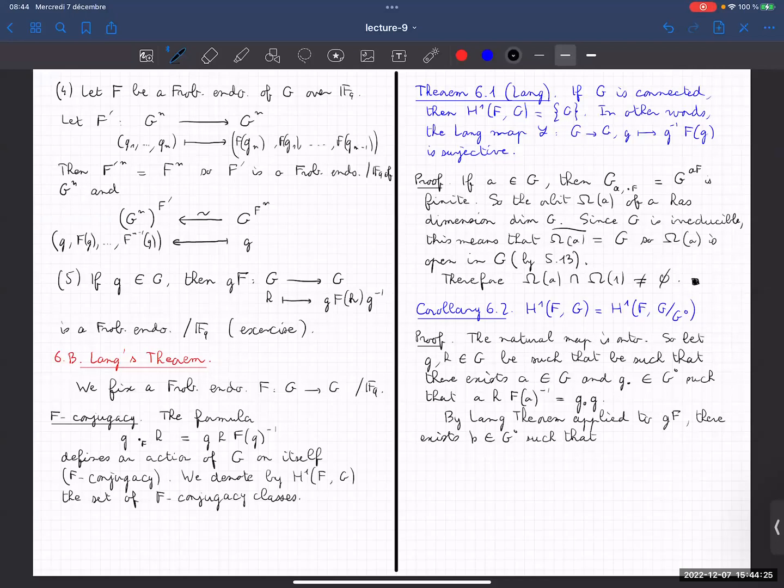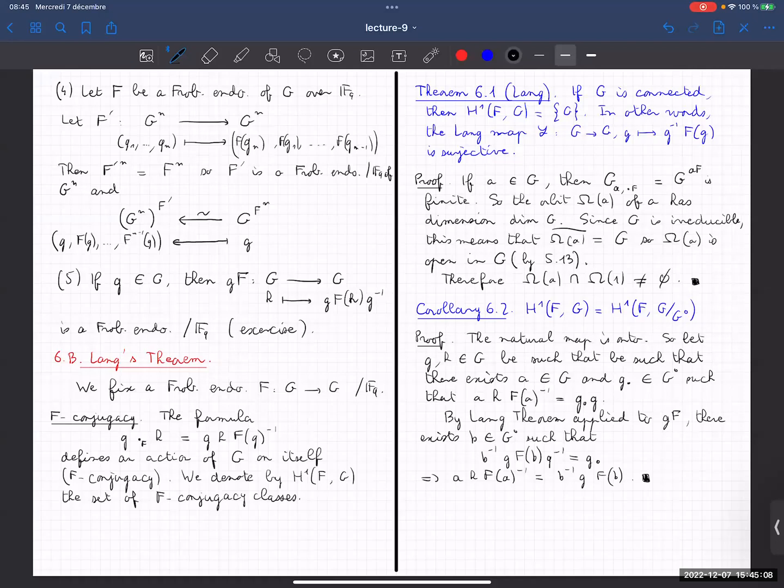So there exists b in G0 such that b^{-1} gF(b) g^{-1} is equal to g0, because g0 is an element of this connected component. An easy computation shows that this implies that a h F(a)^{-1} is equal to b^{-1} g F(b). So this implies that h and g are in the same F conjugacy class.